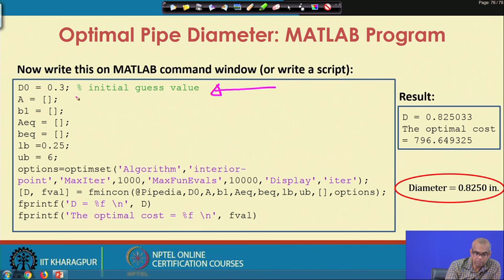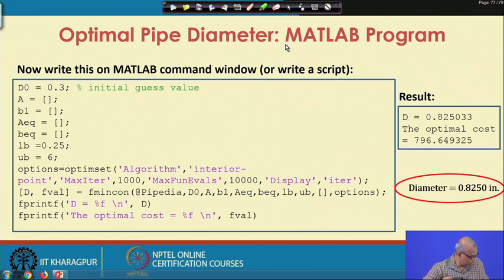We do not have any linear inequality or linear equality constraints. These are the bounds on the decision variable. D has to lie between 0.25 and 6 inch.